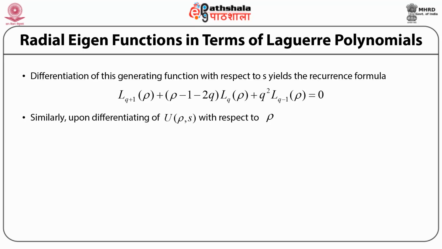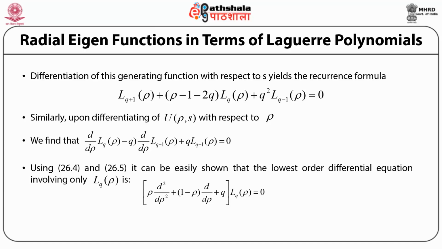Similarly, upon differentiating u(rho, s) with respect to rho, we find that d/d rho of L_q(rho) minus q d/d rho of L_(q-1)(rho) plus q L_(q-1)(rho) equal to 0.